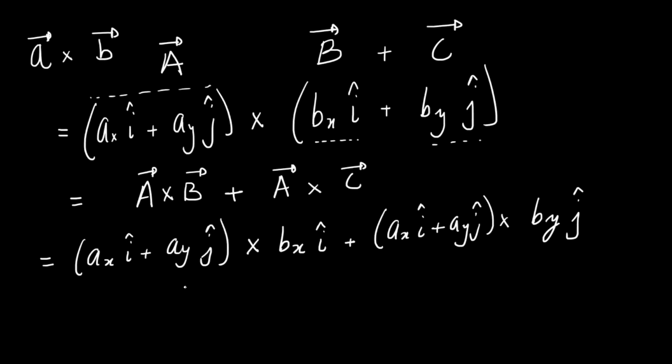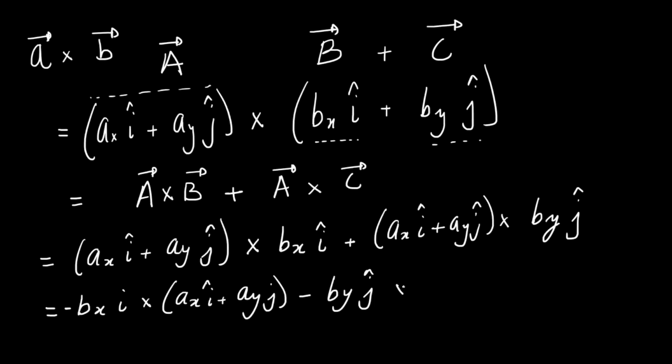Now I could use the same idea again. Let me just change. Now this is interesting, and it's not an overkill at all. I'm going to change to BXi, but I'll put a minus sign, cross AXi plus AYj, minus sign again, BYj cross AXi plus AYj.